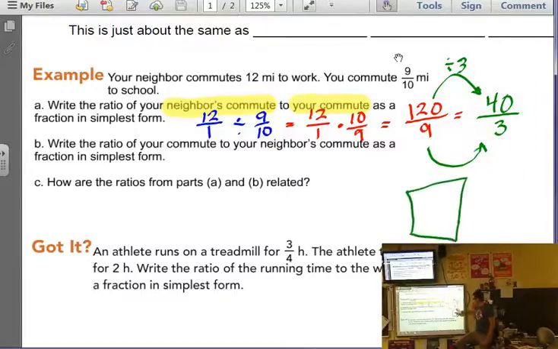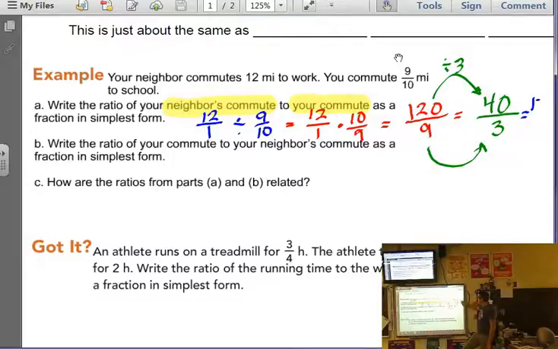So now, hold up, because I see some confused looks. If I wanted to talk about my commute being 1, I could reduce this down one more time. This would become 13.3 over 1. So essentially, your neighbor's commute is 13.3 times your commute.